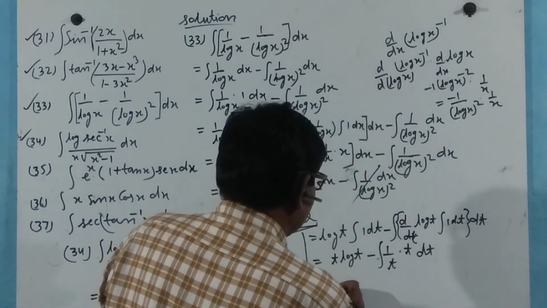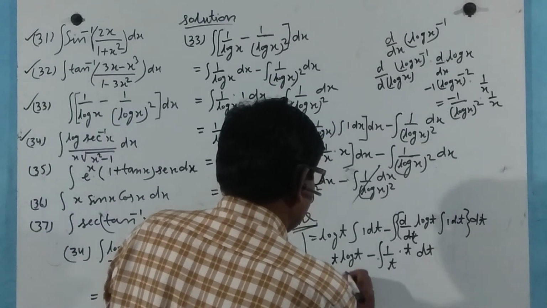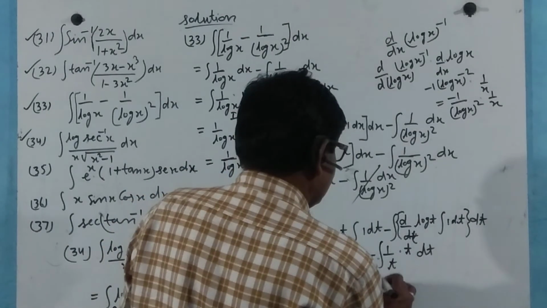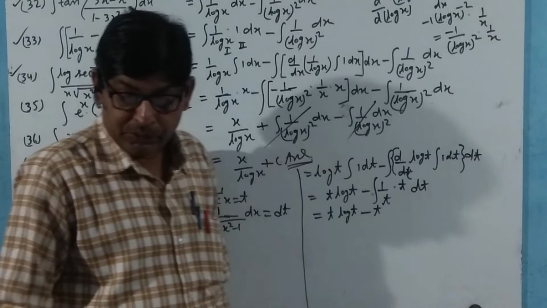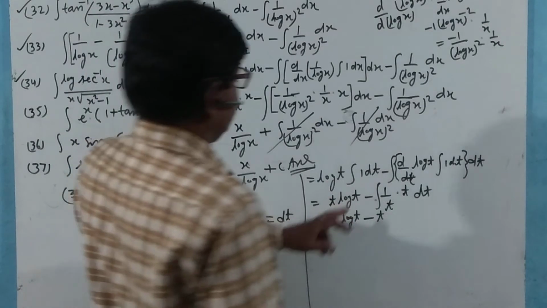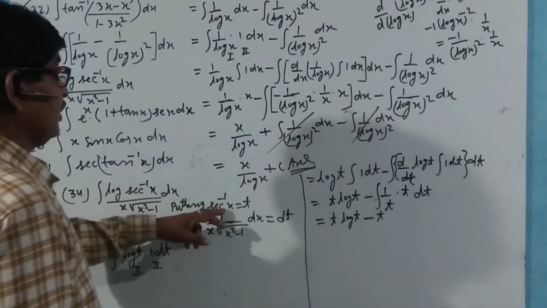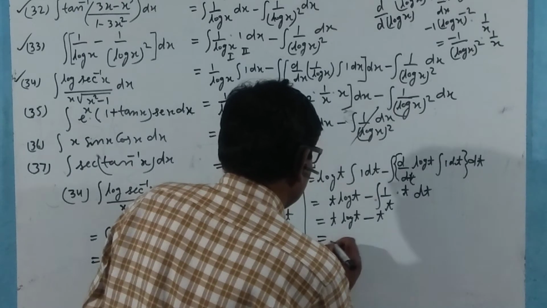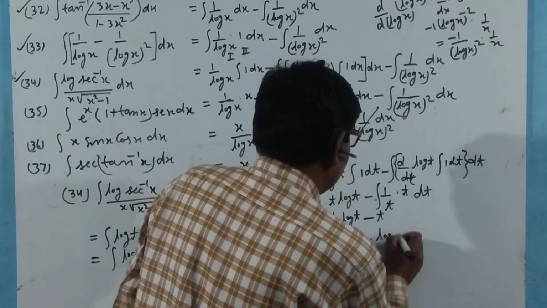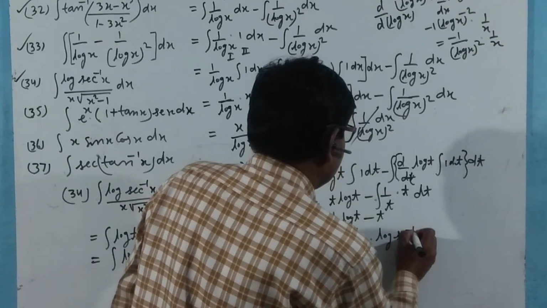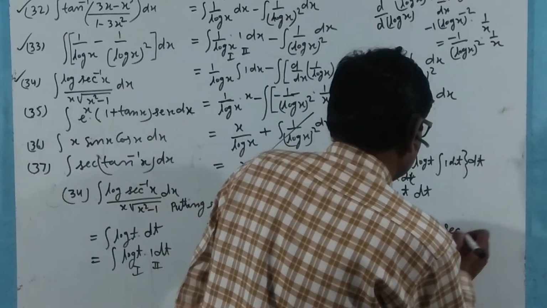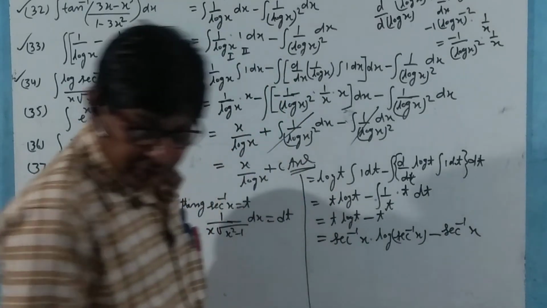so that this is equal to t log t minus t, cancel, integration of 1 dt is equal to simply t. Now putting the value of t here, t equal to sec inverse x, this is equal to sec inverse x into log of sec inverse x minus t, equal to sec inverse x.